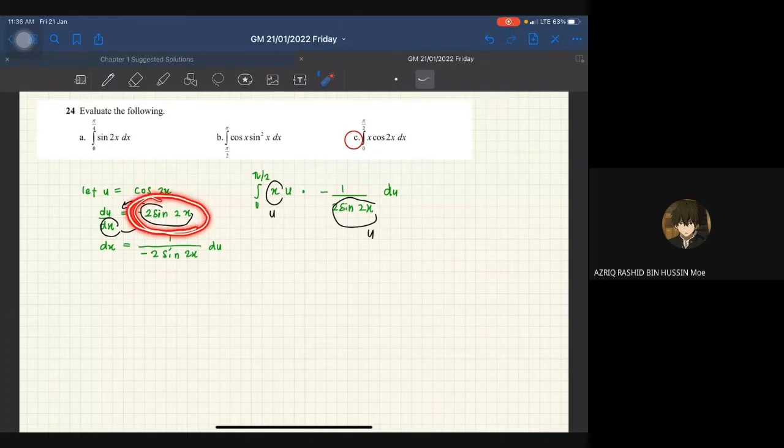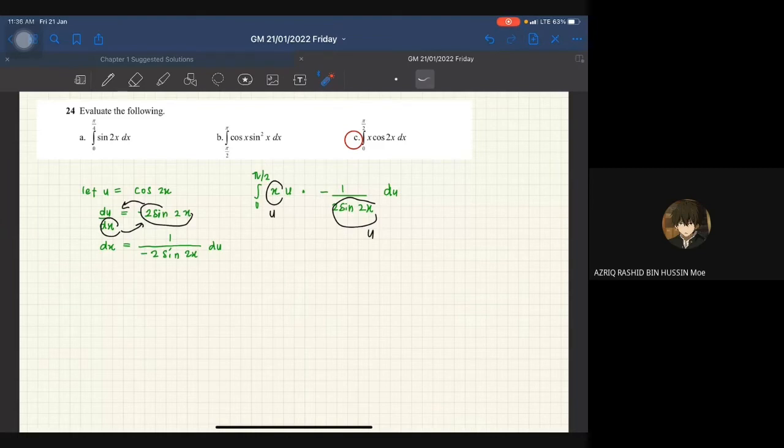So ada tak negative 2 sin 2x dalam soalan kita? Tak ada kan? Okay, so bila tak ada, mungkin your choice of u tu tak betul. Okay, tapi kalau awak tak ambil itu sebagai u, yang lain tak akan bantu awak pun untuk gunakan substitution. So maksudnya tak boleh gunalah substitution kat sini. So you need to use by parts.